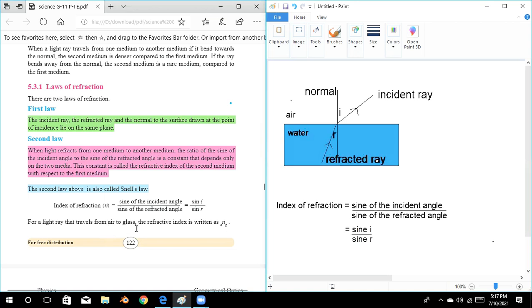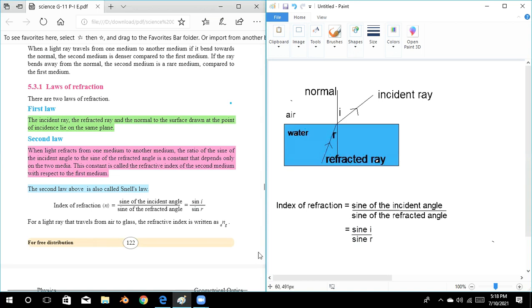Air to glass can be written with this symbol: the light ray travels from the air medium to the glass medium, right? Here is the equation for the second law. You need to remember that, and it is also called Snell's law, right?